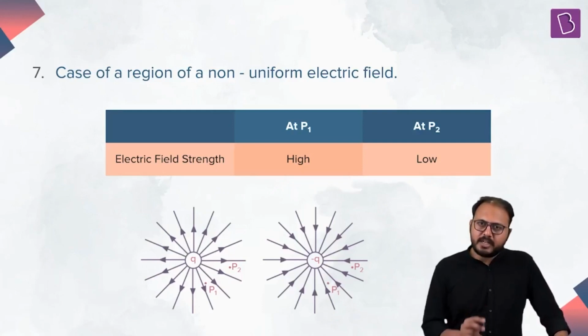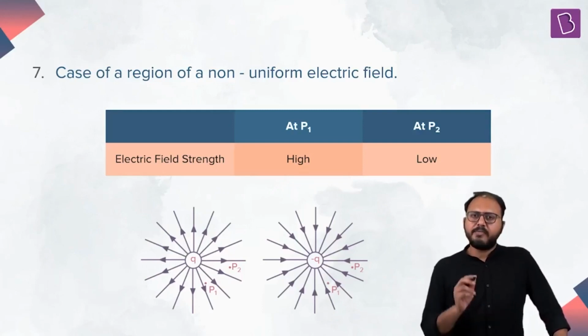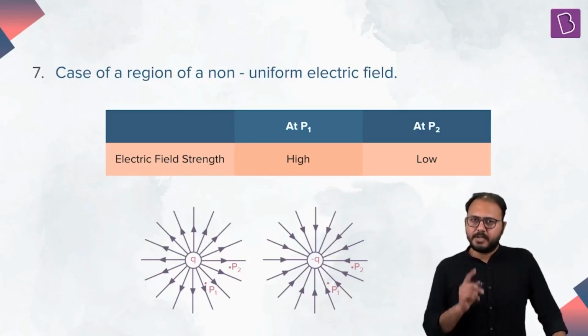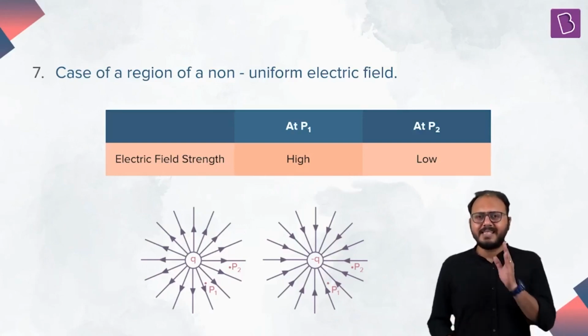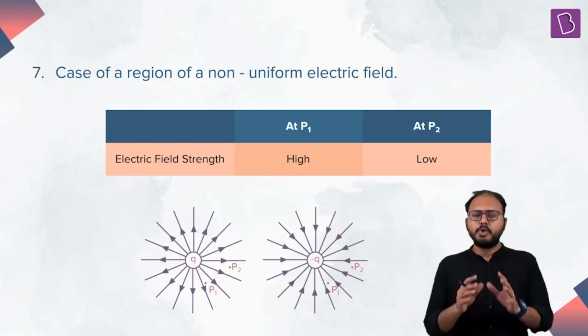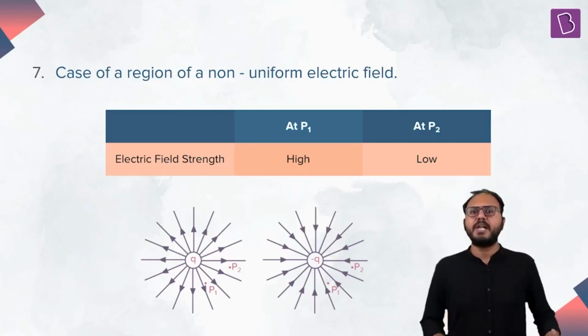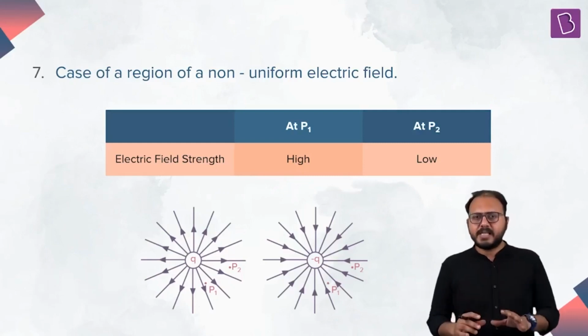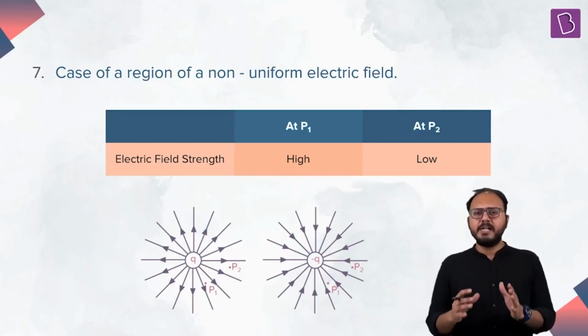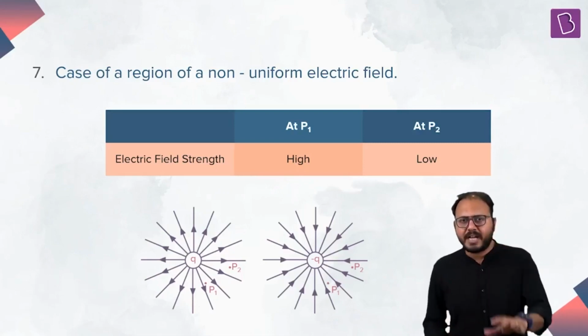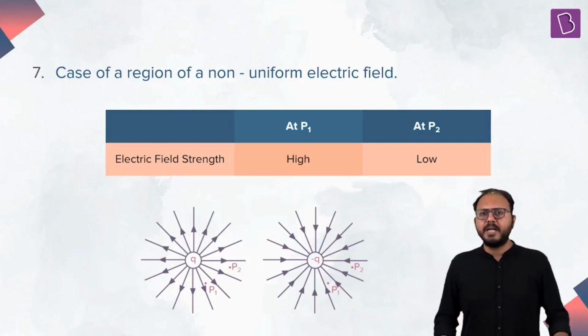P1 is closer to Q than P2, right? Electric field strength, I repeat, electric field strength is directly proportional to the density of packing of electric field lines. As in, the more closely spaced 2 electric field lines are shown, the more is the packing fraction, the more is the value of electric field.